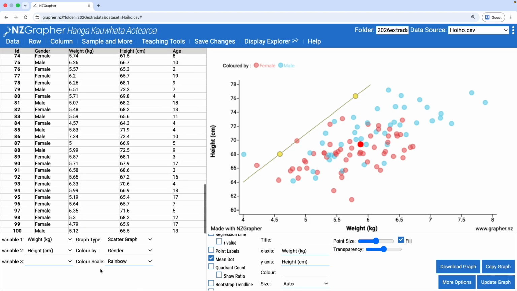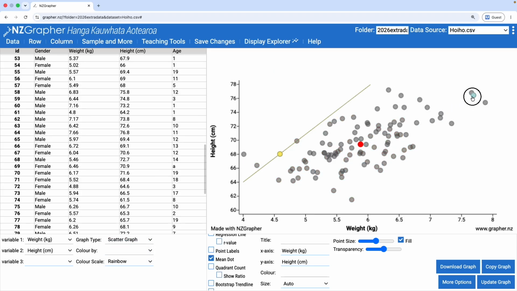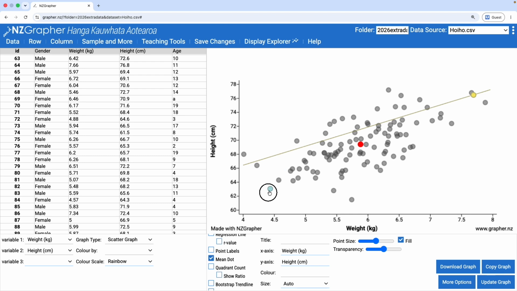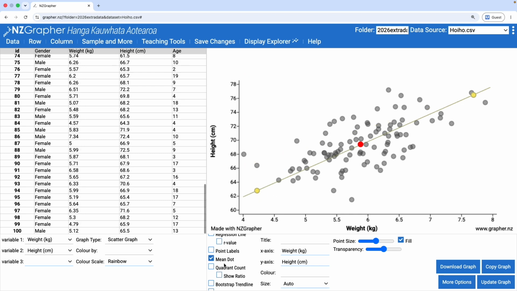So I know that my line needs to go through that mean dot. So I can drag these points around until it's going through the mean dot, and I can go, yeah, that looks about right. And then I can also tick show equation, which shows the equation. You can add up to 3 lines on the graph.